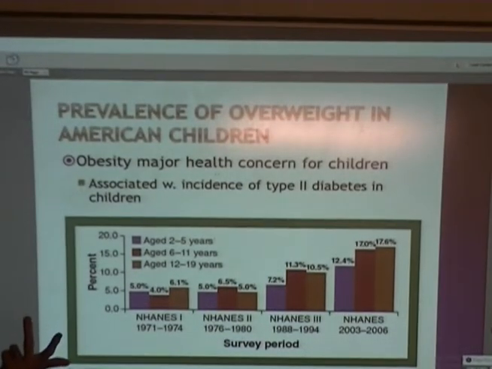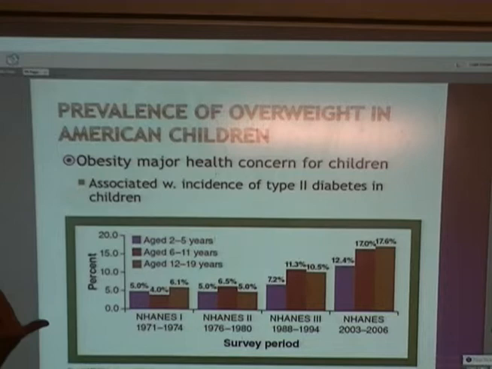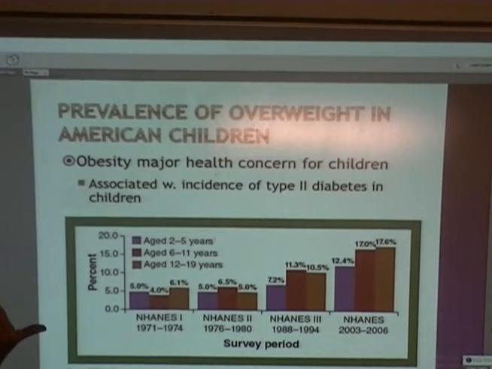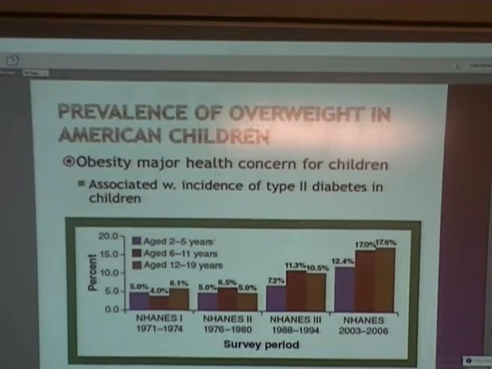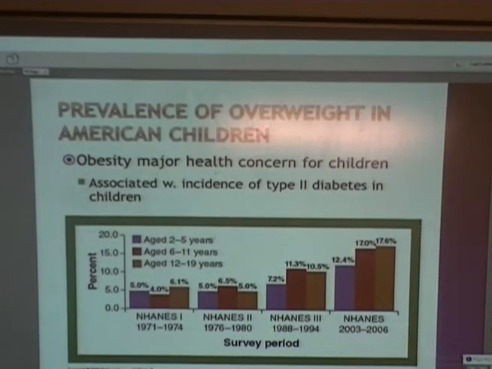Systolic blood pressure equal to or higher than 130. Remember, less than 120 is healthy. Diastolic blood pressure equal to or higher than 85, and glucose equal to or higher than 100 milligrams per deciliter.